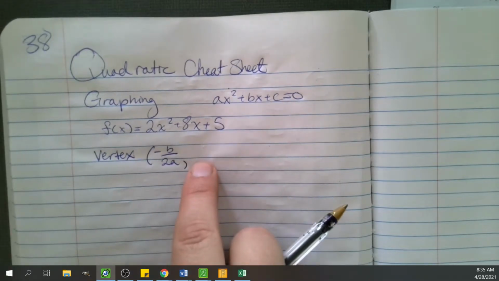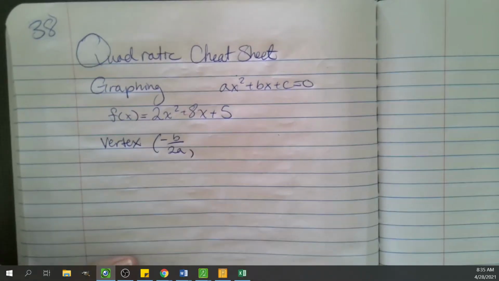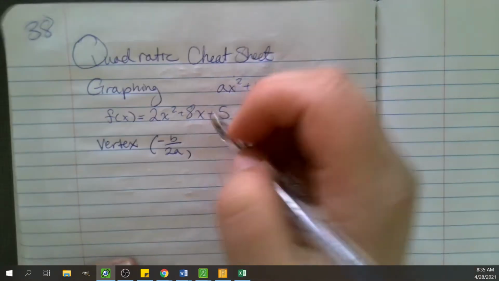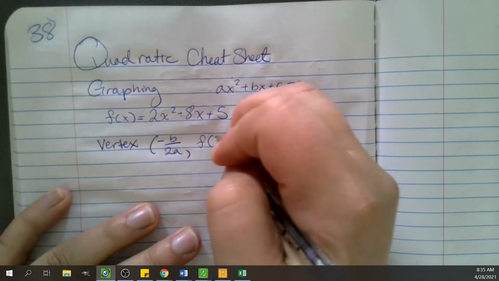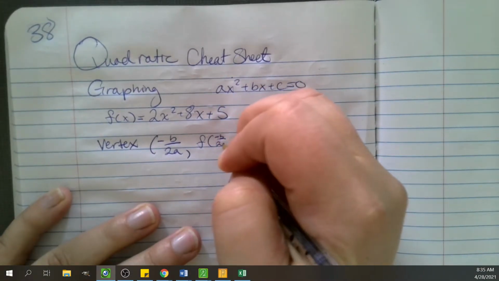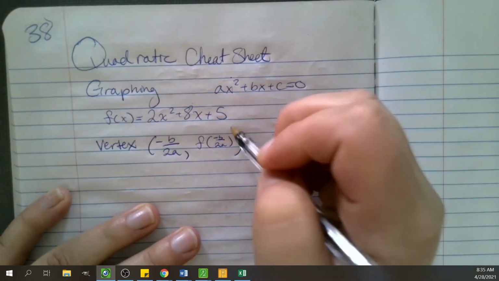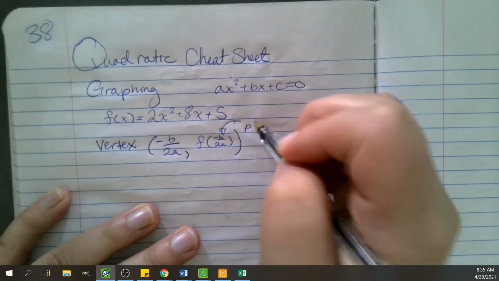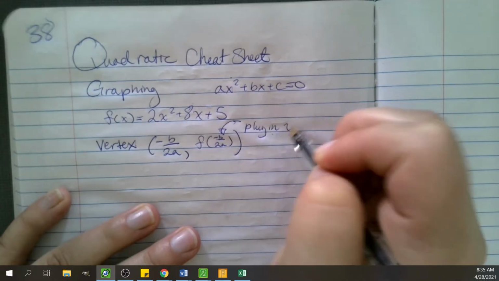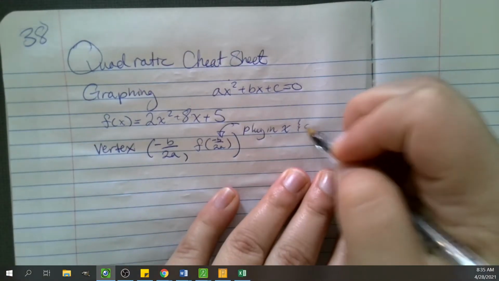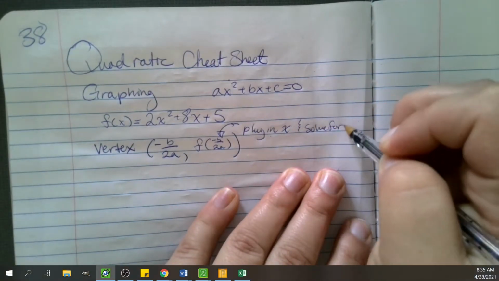How do we figure out what the Y coordinate is? Put in the X for the Y, yeah. So right here, just plug in X and solve for Y.